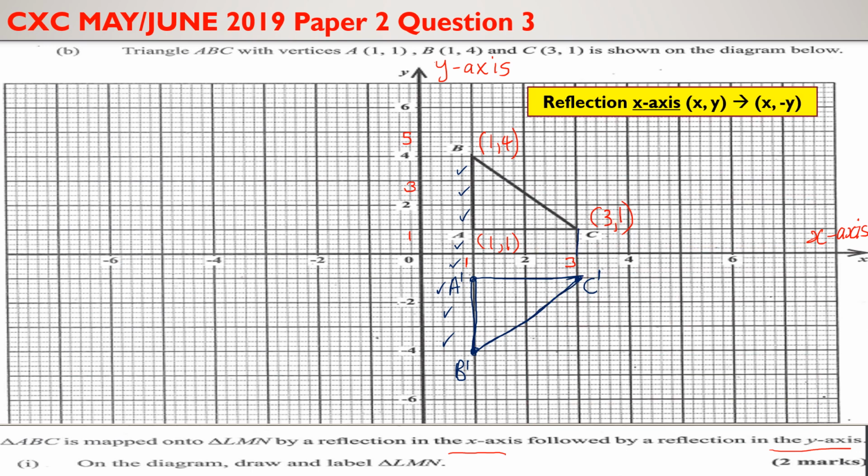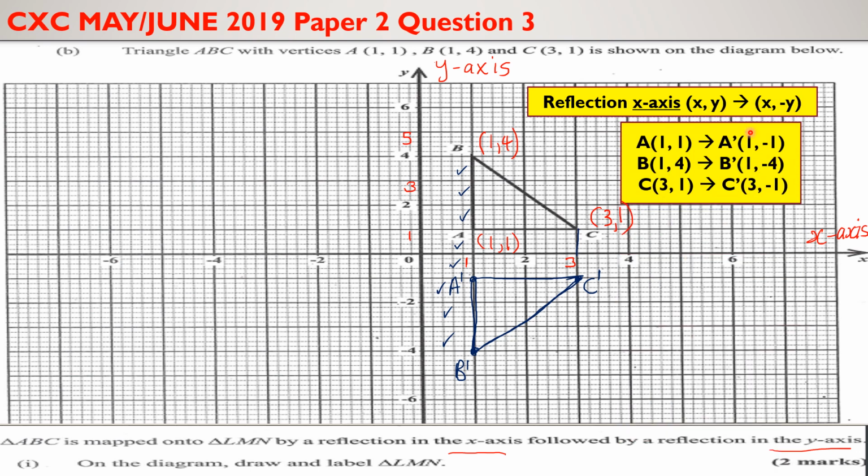We understand that when we reflect over the x-axis, the y coordinates change. Hence A was 1, 1, now it's 1, negative 1. And you can see that 1, and here would be negative 1.